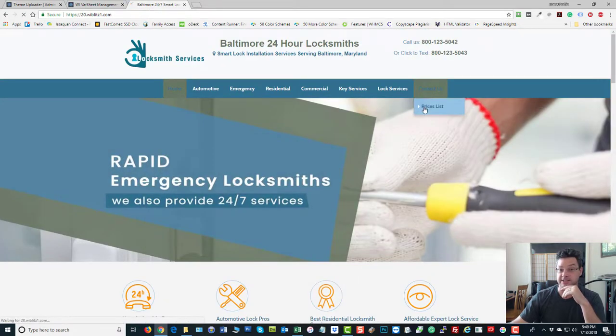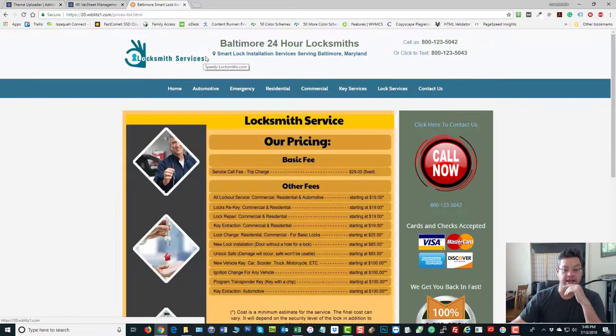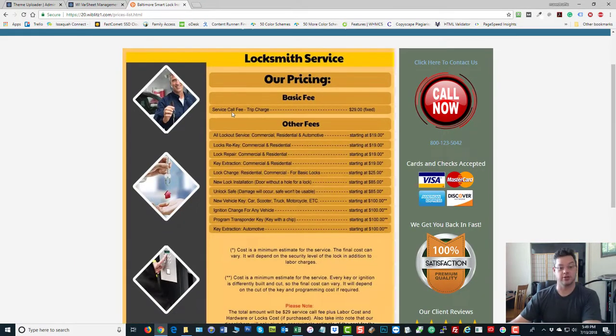What does a prices list say? It gives a sense of the fees. Service call fee: somebody has to take the time and hop in their car and drive to some location. Whether they do anything there or not, there's going to be a $29 fixed fee. Okay, that's going to happen. Other fees, if it's something like a lockout, commercial, residential, automotive, it's going to start at $19 and go up.